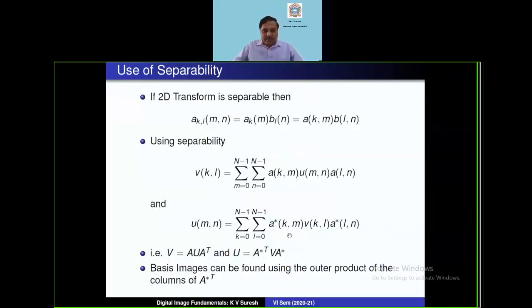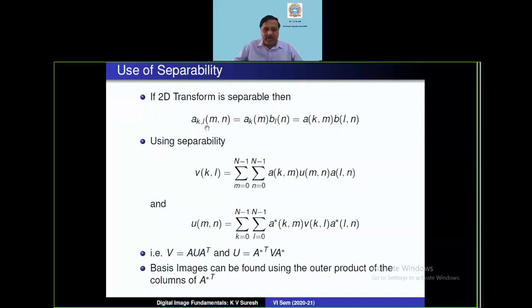Now there is a very important property of the 2D transform. I'll justify this with an example of the 2D Fourier transform later. The basis function, in fact now called a basis image because it is for an image, depends on k, l, m, and n.